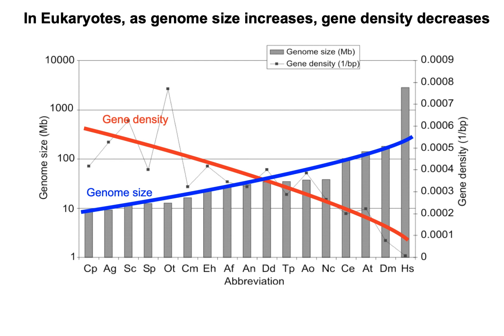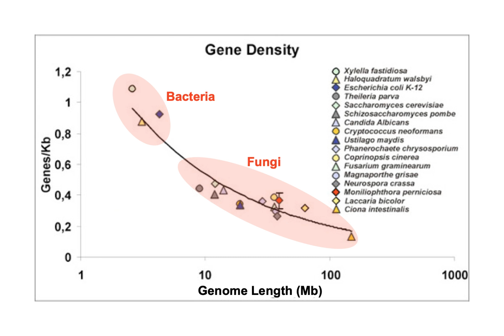So you can see as genome size does increase, the gene density, number of genes per base pair or kilobase, however you want to measure it, decreases in general. As I said earlier, this is not true for bacteria.